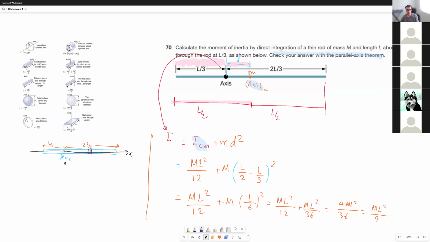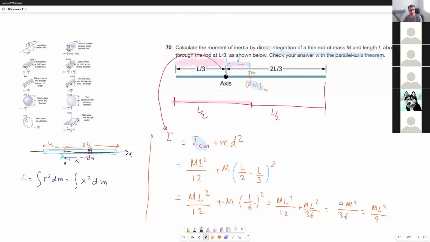Then I will divide this rod into super small, infinitesimally small dm's. Each dm has a distance of x from the origin. From direct integration it is going to be r squared dm, so x squared dm.